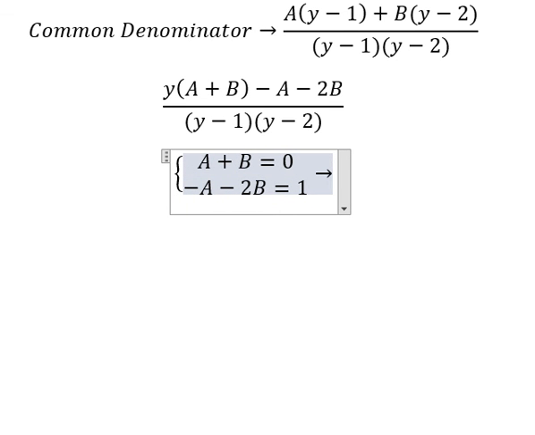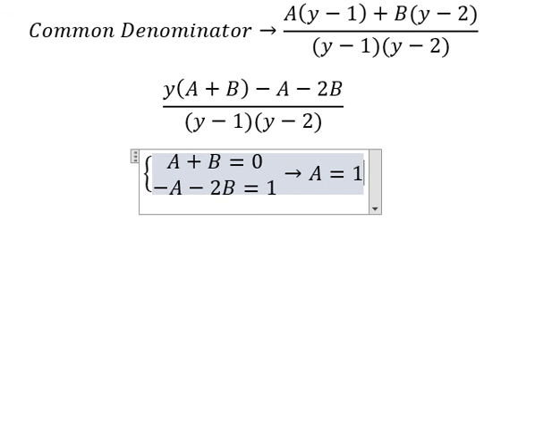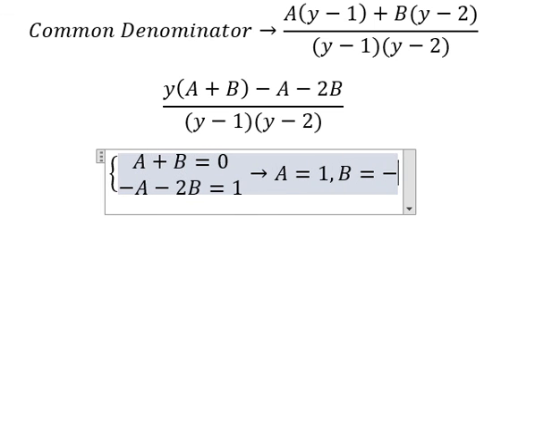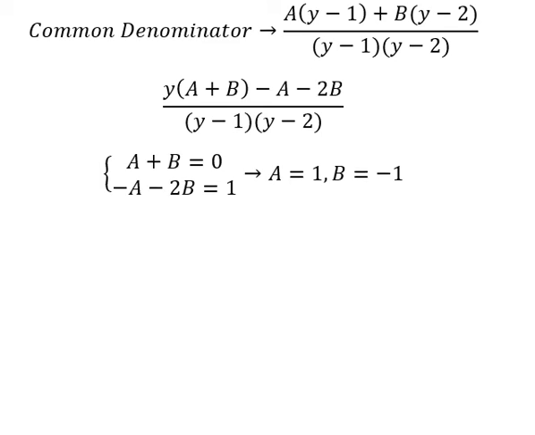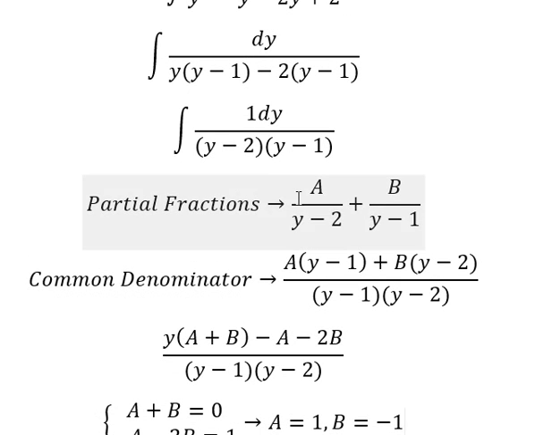Now we need to find the solutions of A and B. So A equals 1, B equals negative 1. So we put this one in here.